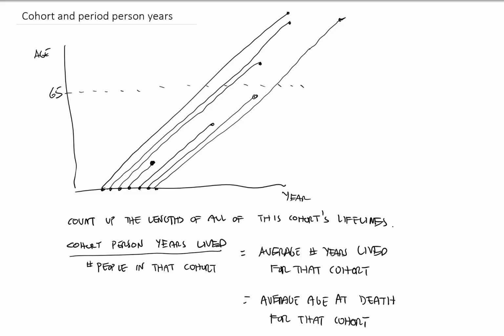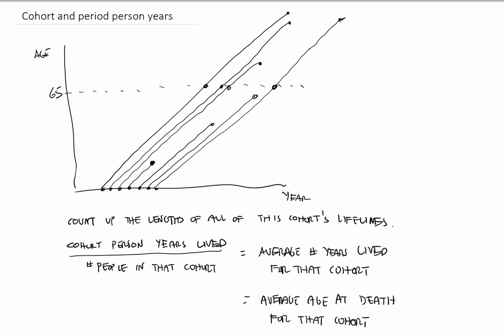We do essentially the same thing. We count up how many of these lifelines cross age 65. Remember, I said that a horizontal line at age 65 is a border.